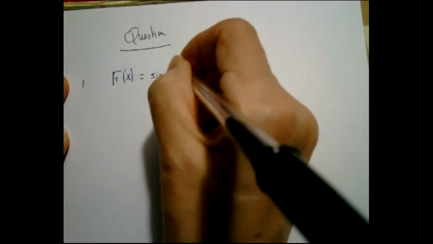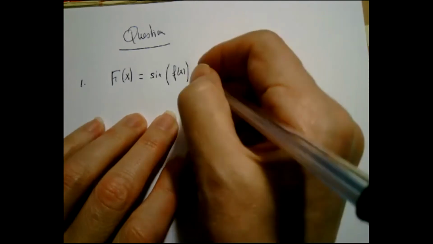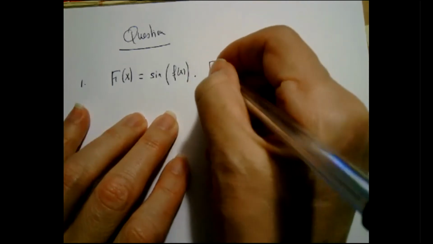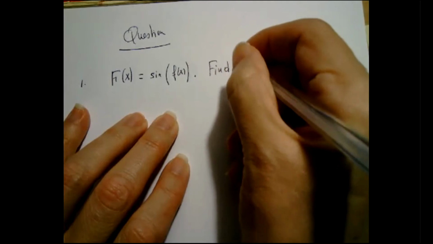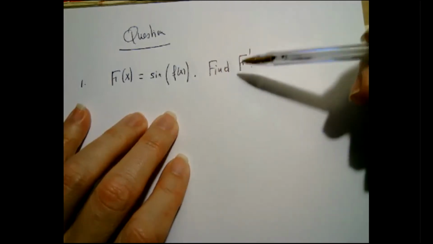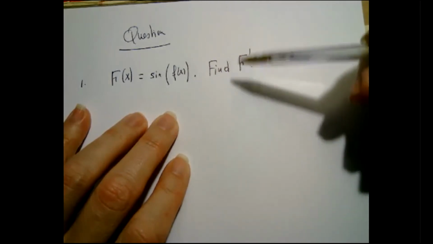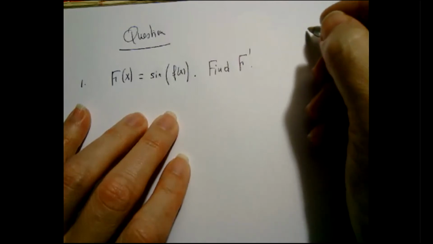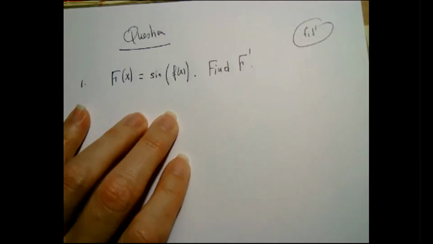I give you the following: f of x to be the sine of little f of x. So you don't know what little f of x is, but I give you capital F of x to be the sine of it. And my question to you is find F prime, and your answer should be expressed in terms of little f and little f prime.